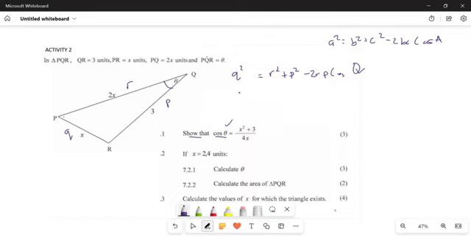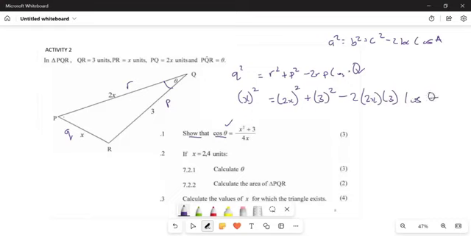Do we know what small letter q is? It's x. Small letter r? Yes, it's 2x. So x squared equals 2x all squared plus 3 all squared minus 2 multiplied by 2x multiplied by 3, and this is the cos of theta.